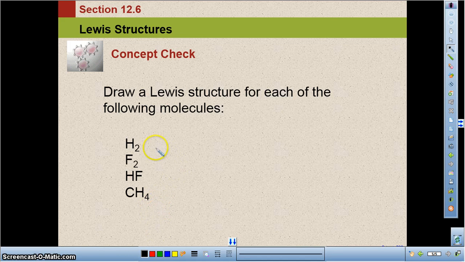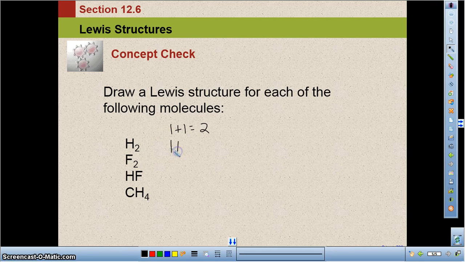We're going to start with hydrogen. The first thing you need to do is look at how many valence electrons we're dealing with. Hydrogen is in group 1. It has 1 valence electron, and there are 2 hydrogens. So there are 2 valence electrons that I have to account for. Hydrogen is going to fill the duet rule instead of the octet rule. Obviously, we don't have enough electrons for that.